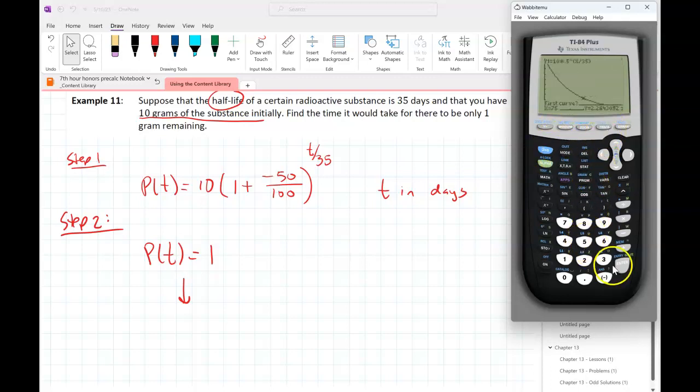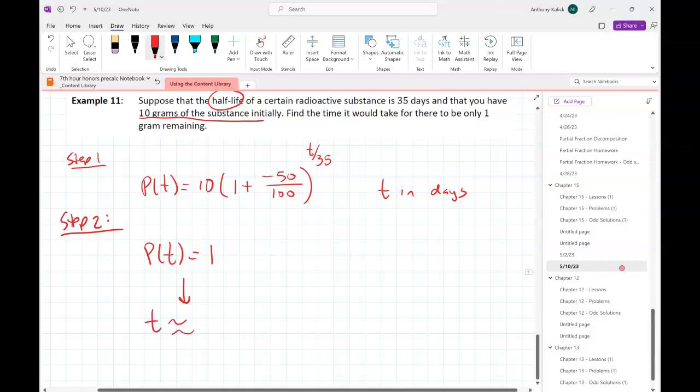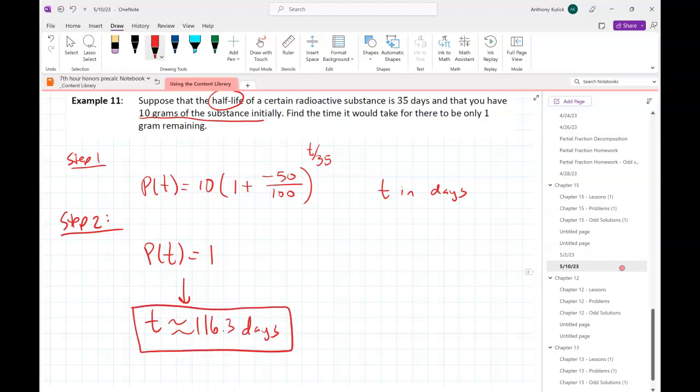Second trace, intersect command, enter, enter, enter. And we get 116.3 days, thereabout. No big deal, right?